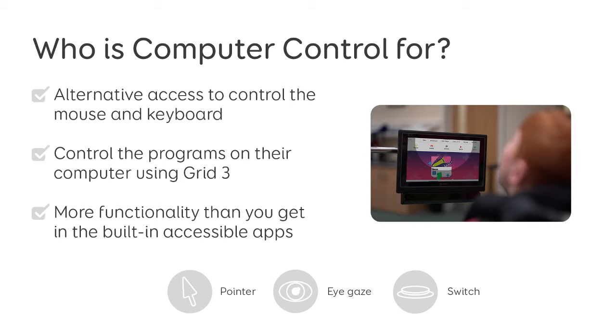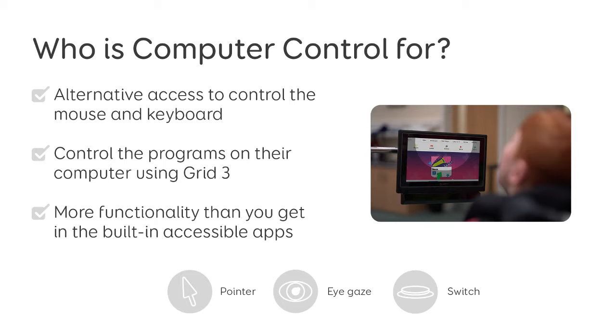So, for example, if you had someone who was very keen to do their online banking, or perhaps they were a DJ and wanted to control their music editing software, or a graphic artist who wanted to control their Photoshop application, they might well use something like computer control. So it provides much more functionality or full functionality of the applications that you want to use.